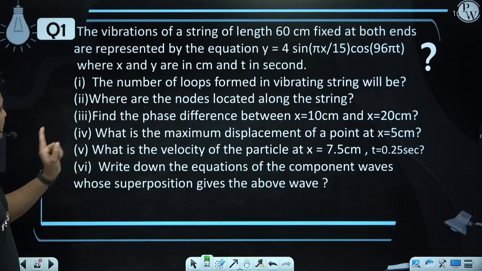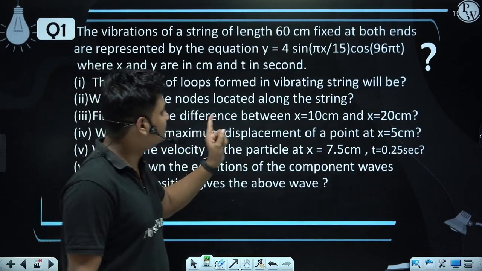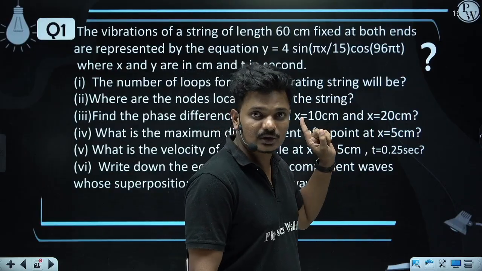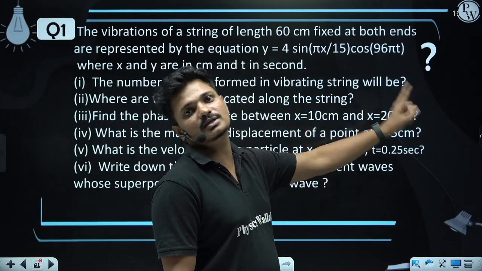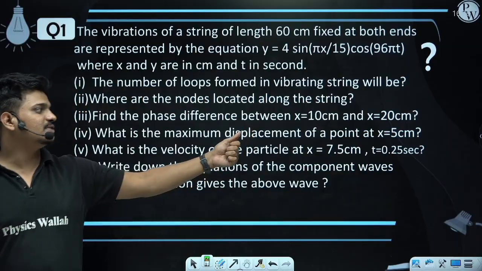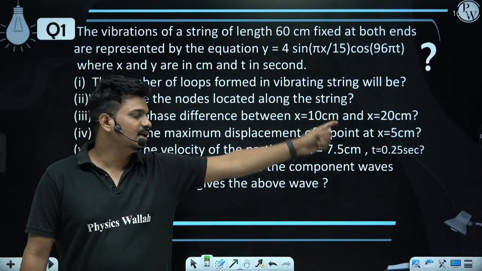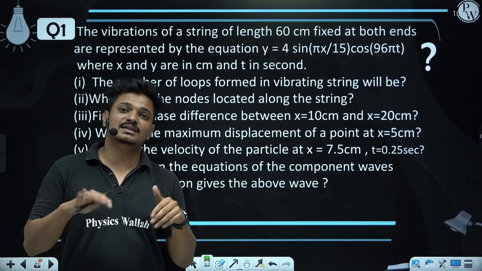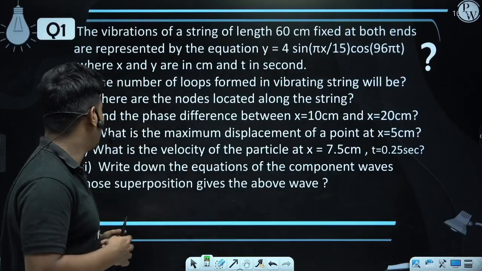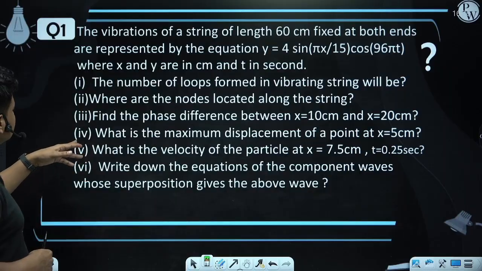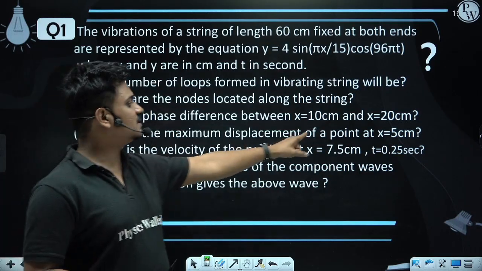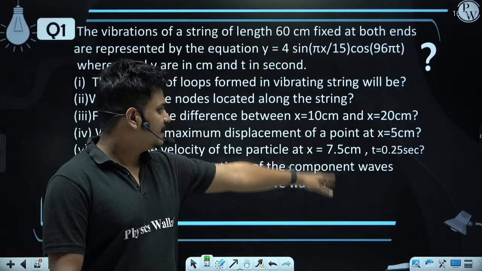We have to find the nodal points. Then third one, find the phase difference between x equal to 10 centimeter and x equal to 20 centimeter. That means at the positions 10 centimeter and 20 centimeter, we have to find the phase difference between them. Then the fourth one is what is the maximum displacement of the point at x equal to 5 centimeter.